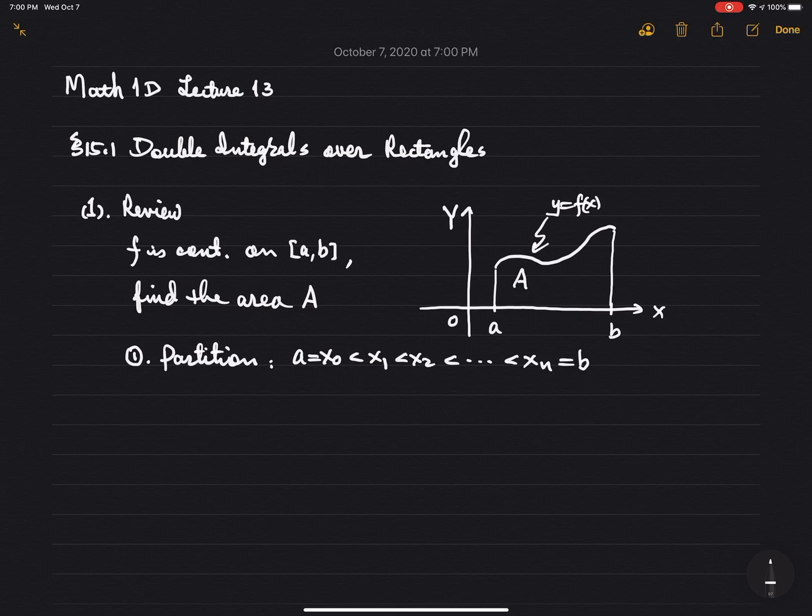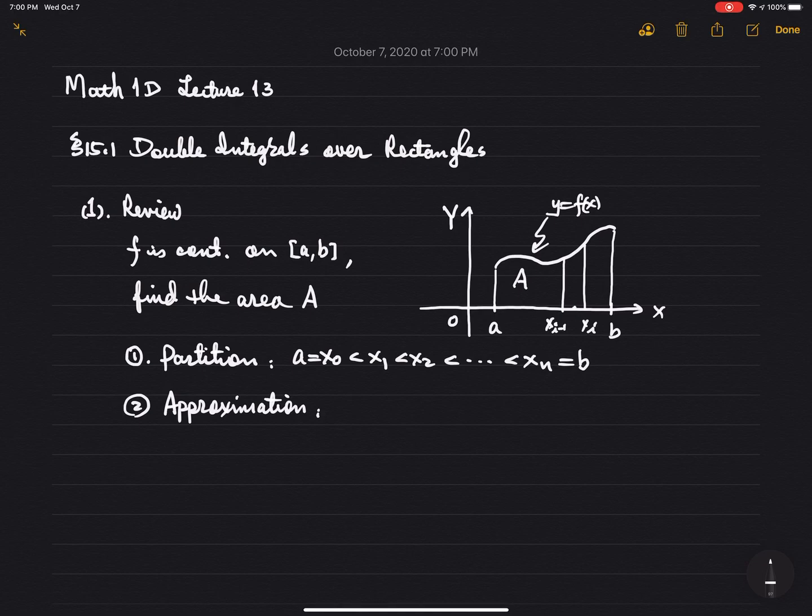Second step, we do approximation. How do we do approximation? Basically it is like this. Suppose this is x_{i-1} and this is x_i.